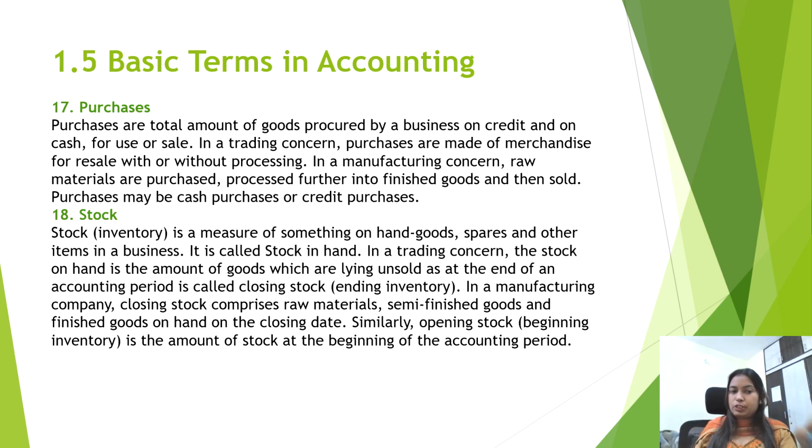So anything that we are purchasing for the use of the business or for selling it, that will come under purchases, whether it is on cash or credit, whether for selling it or for using it, everything will come under purchases. But see, in a trading concern, purchases are made of merchandise for resale with or without processing. In a trading concern, it is not generally required that if we have purchased something, we are going to process it and make something else and then sell it. It may not be like that.